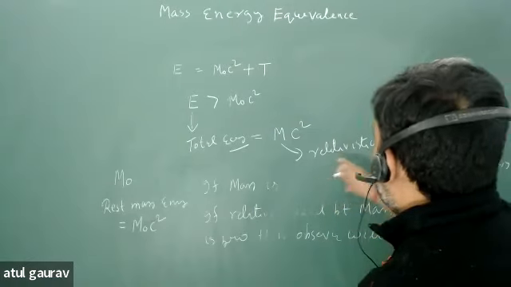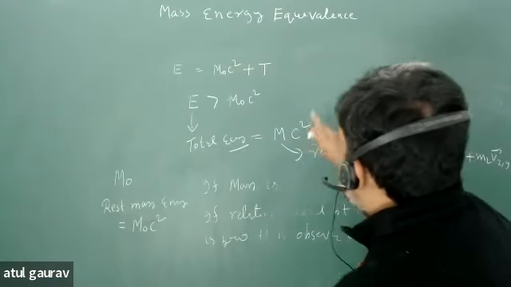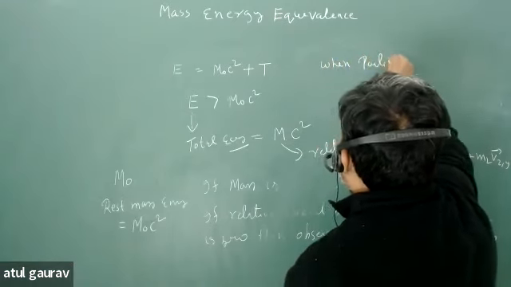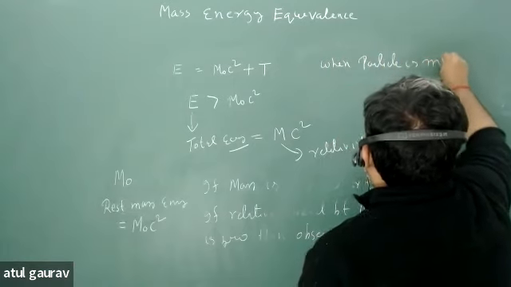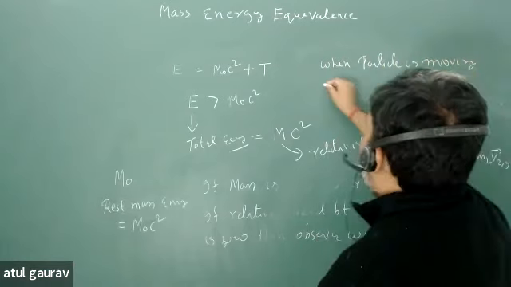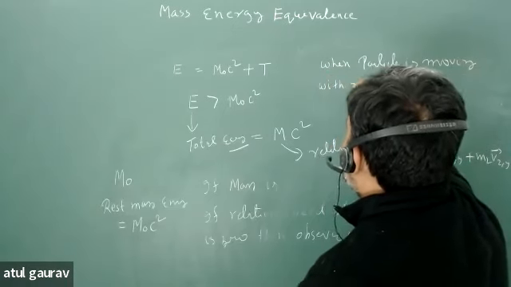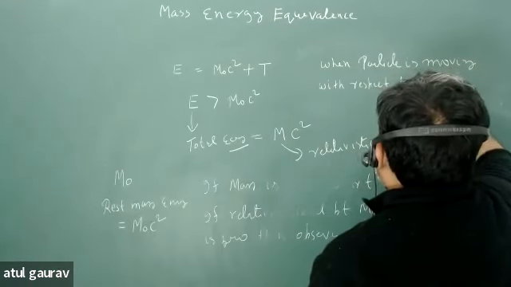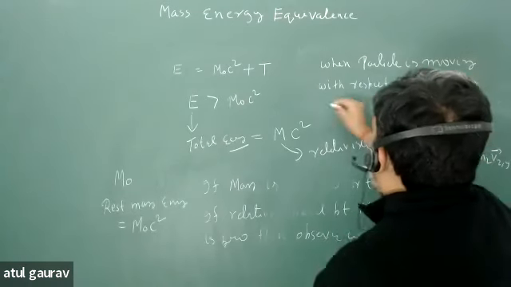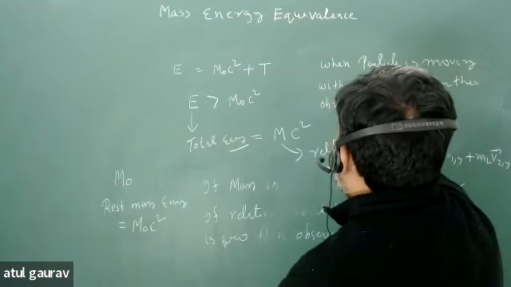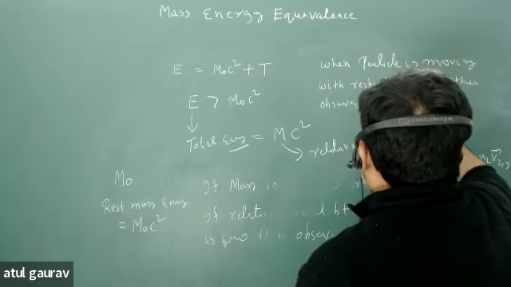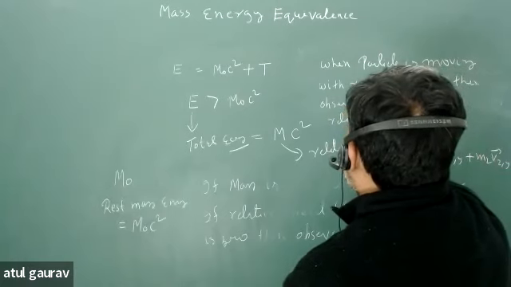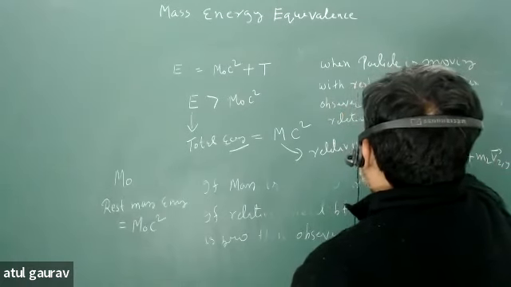And what is relativistic mass? When a particle is moving with respect to an observer, then the observer will measure the relativistic mass.